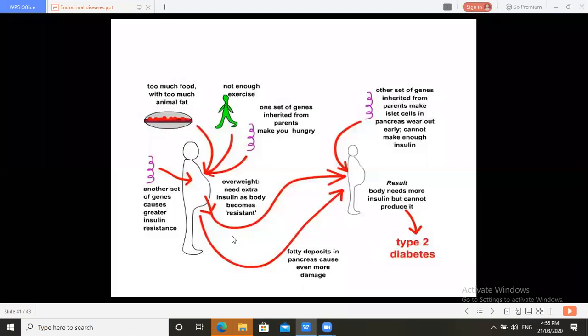Okay. So again, you can look at this particular slide to assess more things. So we discussed today diabetes type 2, the complications along with the etiopathogenesis.